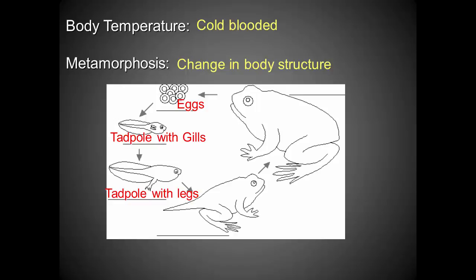And eventually they look much like a frog. The froglet still has a little bit of a tail left, but they're able to move on to land now because they have lungs. And eventually they mature into a full adult frog who can then lay eggs and reproduce and start the cycle over again.